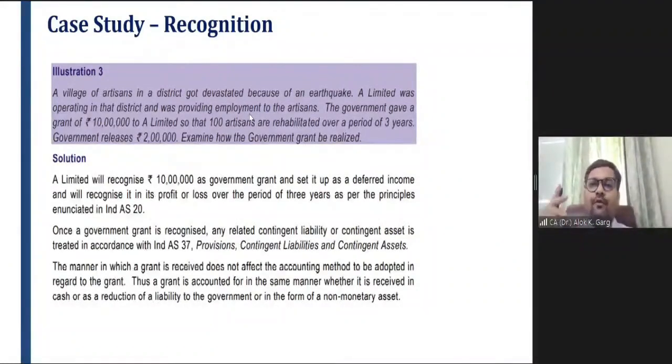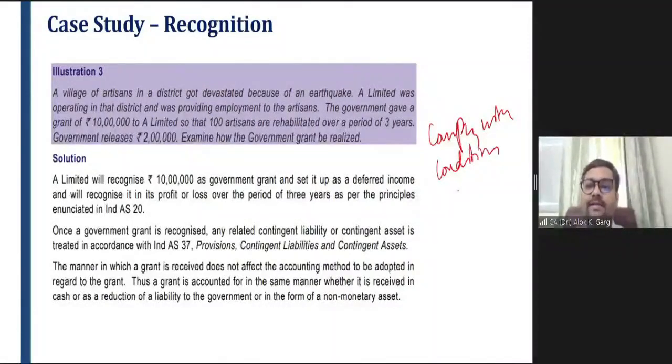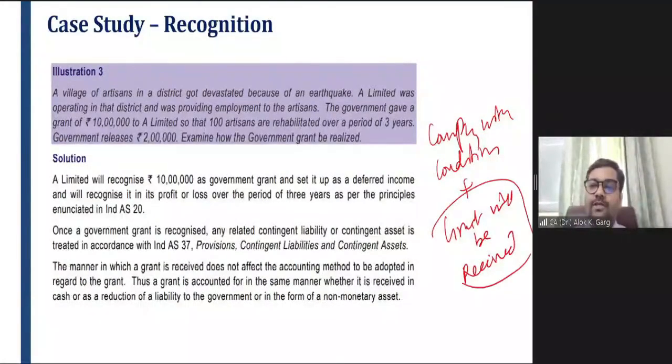Of course you need to see two conditions. First, the entity will comply with the conditions, and second, the grant will be received. These two conditions should be there.